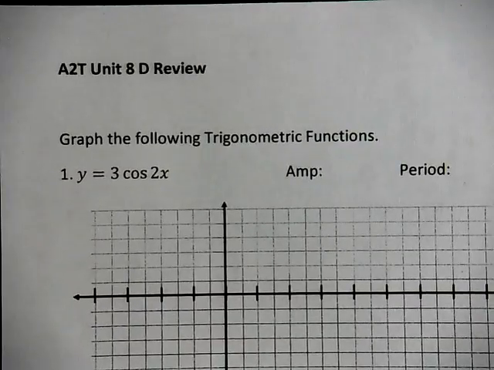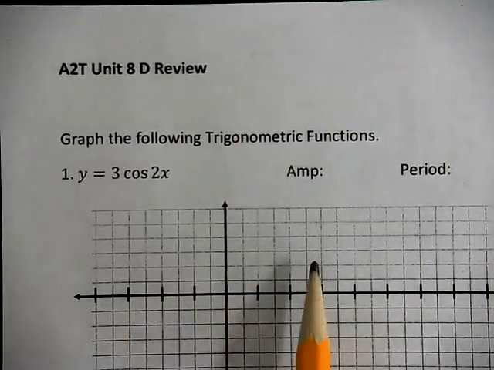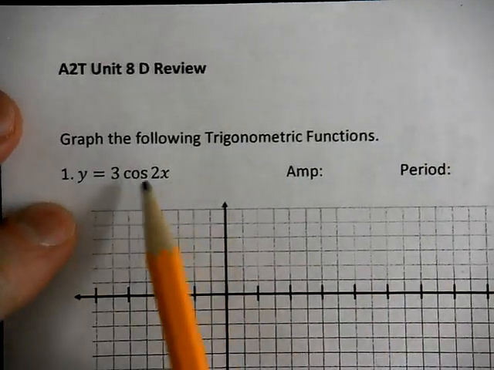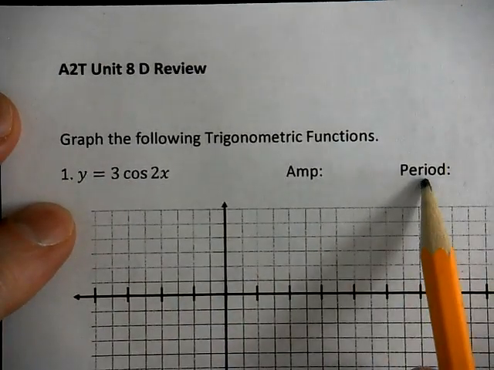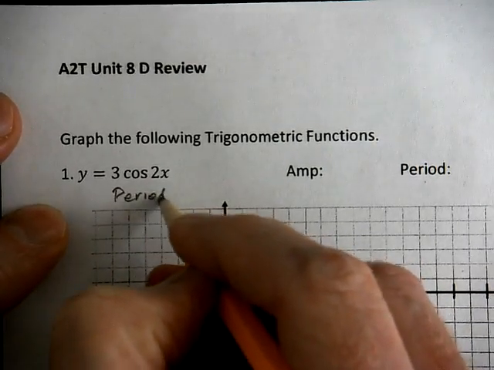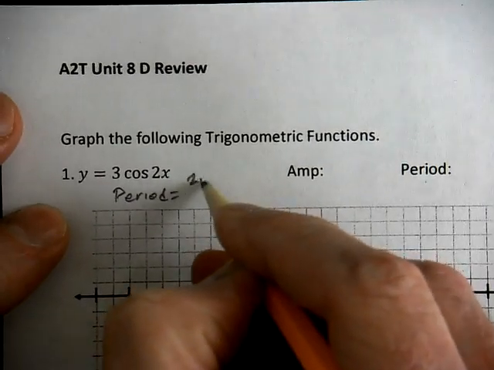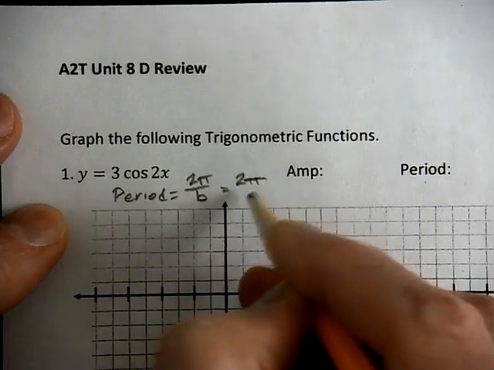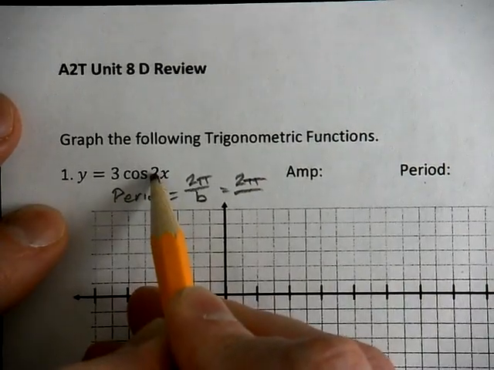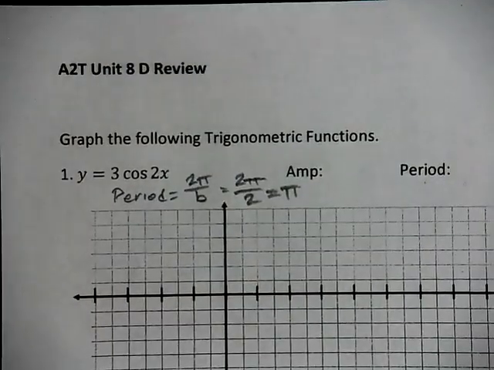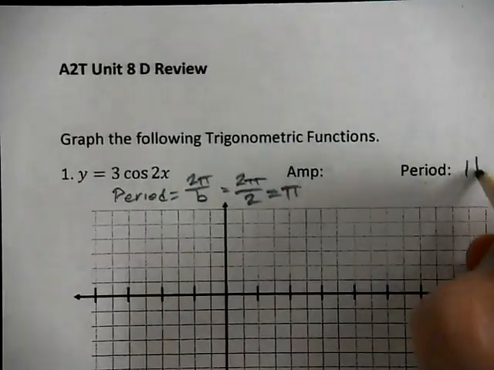Okay, now we're going to flip over and we're going to talk about graphing sine and cosine. So the first thing we want to do is calculate the period. So the period equals 2 pi divided by b. That's 2 pi divided by our b value, 2. So that's giving us a period of pi.